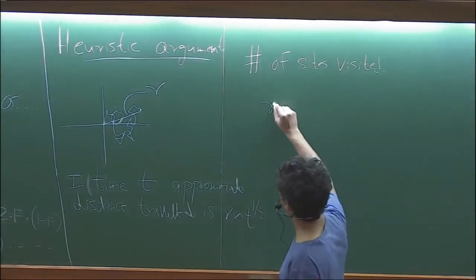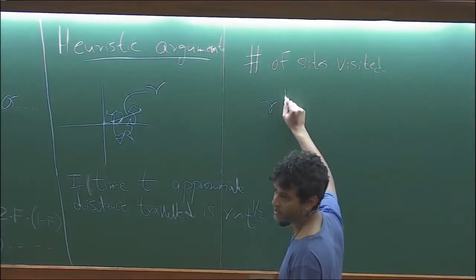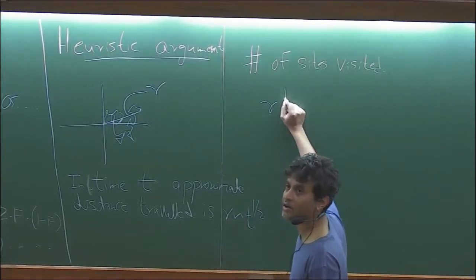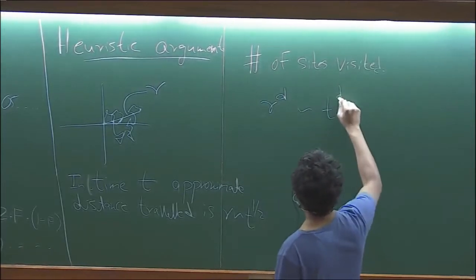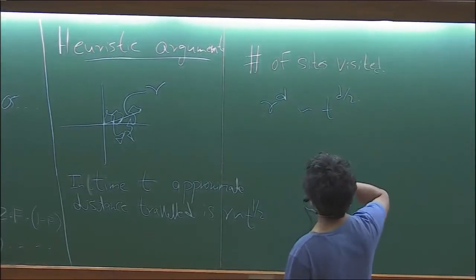So it will be r to the power d. That is t to the power d by 2. That's the number of sites visited.